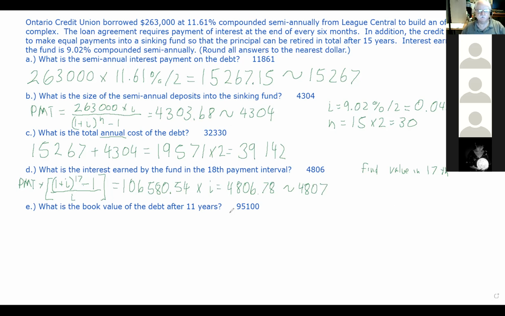And the book value of the debt after 11 years, we've got to do the same calculation we did previously and then take it away from the total here. So let's figure out what we did there again.